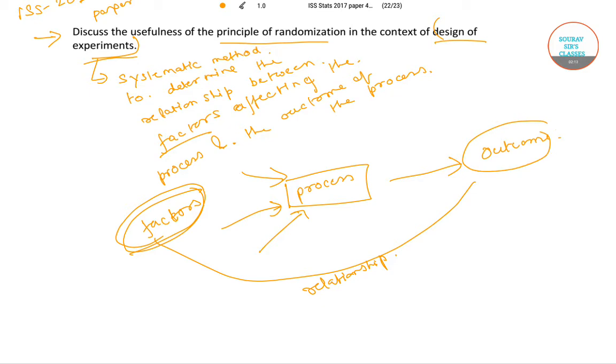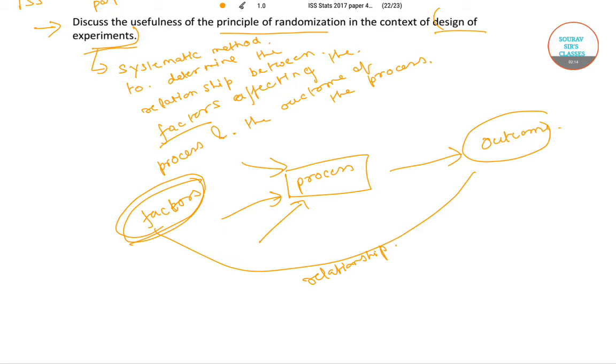In other words, it is used to find the cause and effect relationship. That is, it is a systematic method to determine the cause and effect relationship for a process.